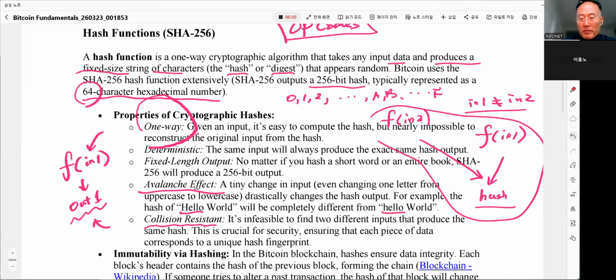Theoretically, this is possible, but in practice, this doesn't happen. Okay, that's what it means. It is infeasible to find two different inputs that produce the same hash. This is crucial for security and ensuring that each piece of data corresponds to a unique hash fingerprint. This is possible, but you will never encounter such events in your lifetime. So that's what it is.